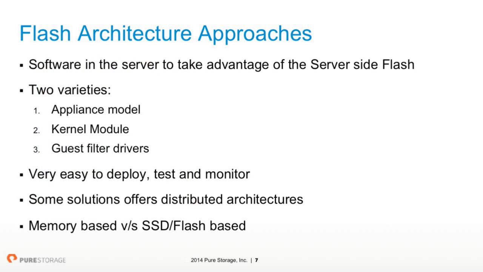So let's sum up what is happening from a software side. I talked about the hardware, the PCI card and the SSD at the server side. So what else is happening at the server side? I see 3 models. One model is using a virtual appliance to create a pool of the local drives and take the SSD and do a tiering model.